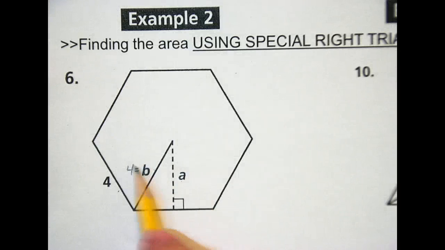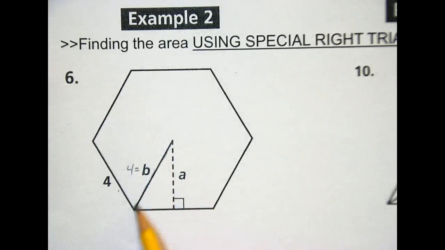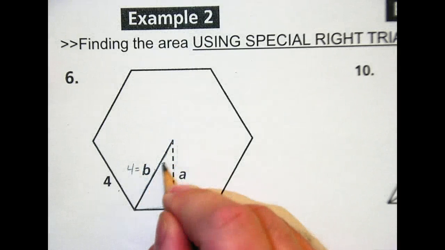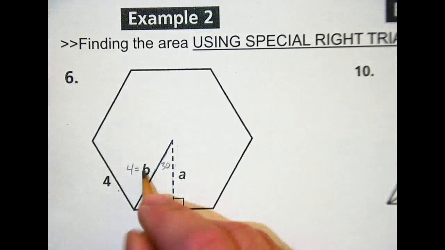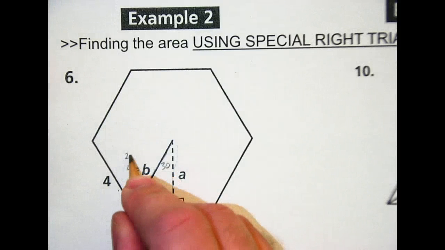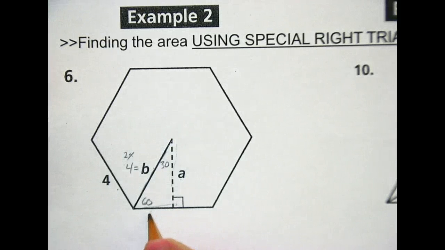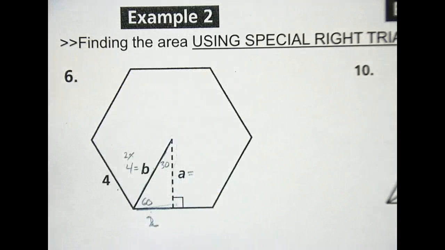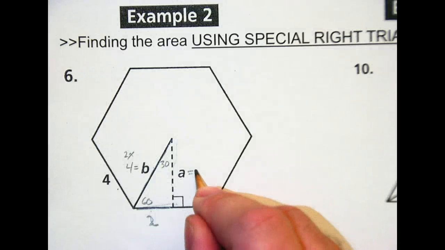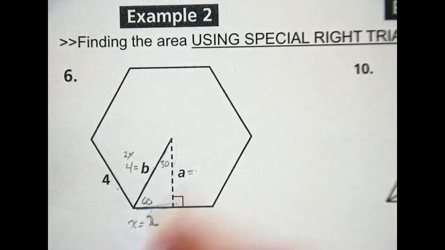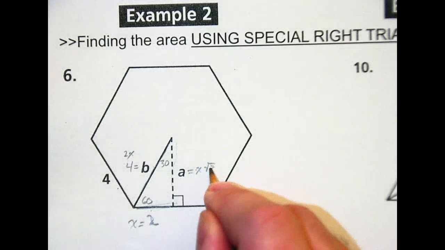And if that's 4 in a, this is a 30, 60, 90 again. There's our 30, there's our 60. That's our 2x side, right? So 2x equals 4. That makes this length right here 2. And this side is x root 3, which makes this 2 root 3.